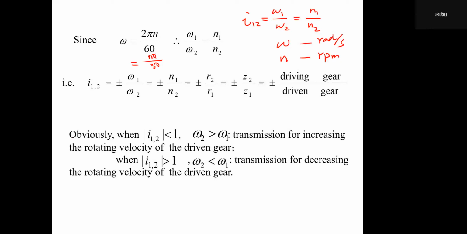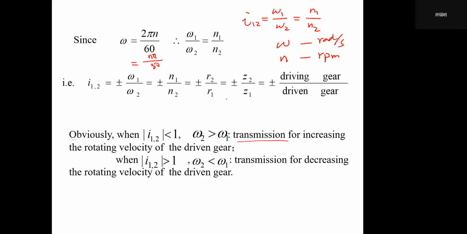Obviously, when i12's absolute value is less than 1, what does it mean? It means omega 2 is greater than omega 1. Then it is a transmission for increasing the rotating velocity of the driven gear.